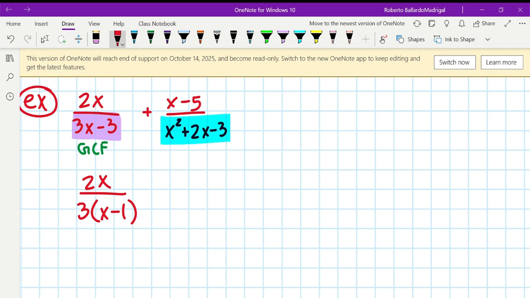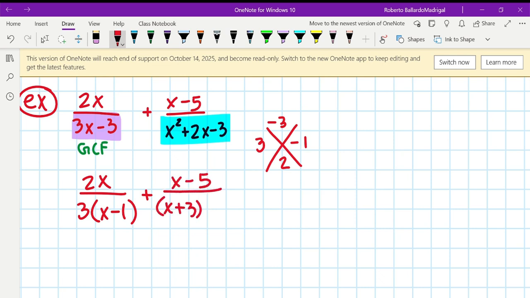You can do it, you're just doing extra work. It's up to you. The x box on this will give me the following two numbers, 3 and negative 1. So that means I'm going to get the following fraction, x minus 5 over x plus 3 and x minus 1.